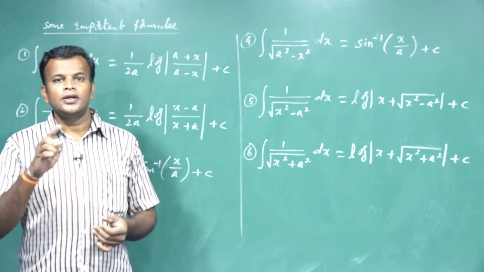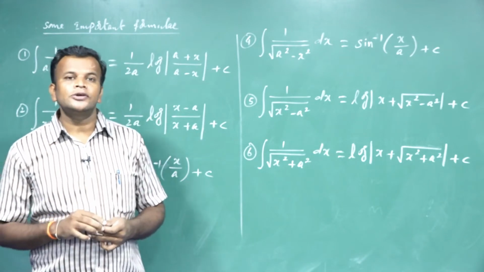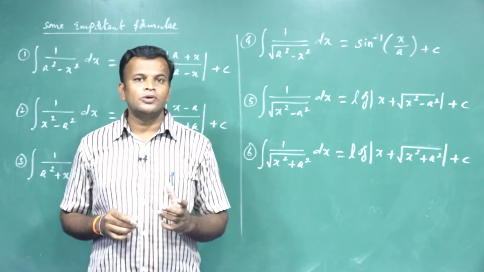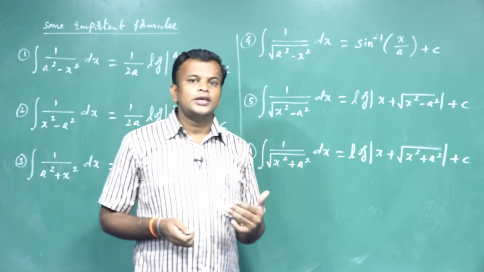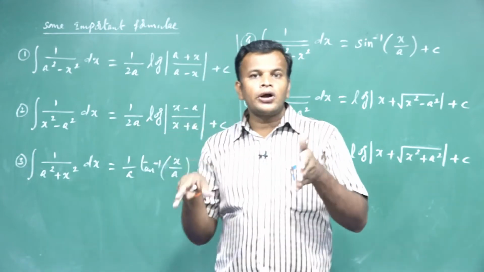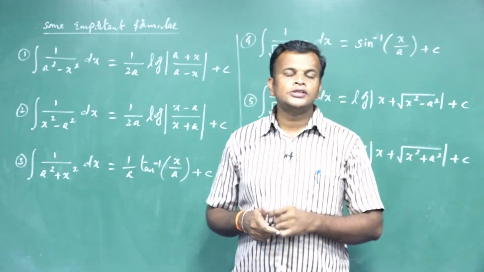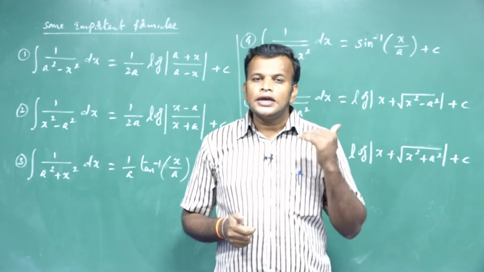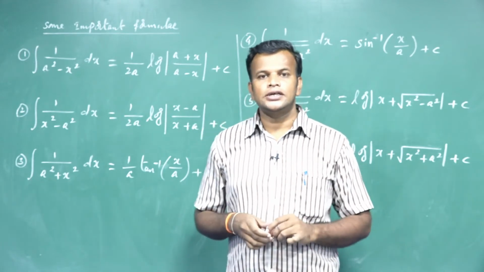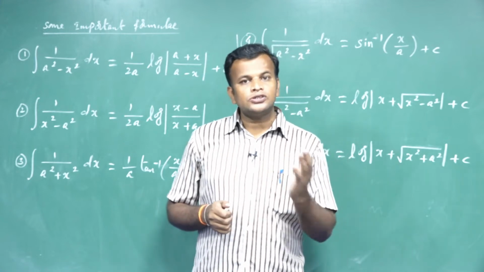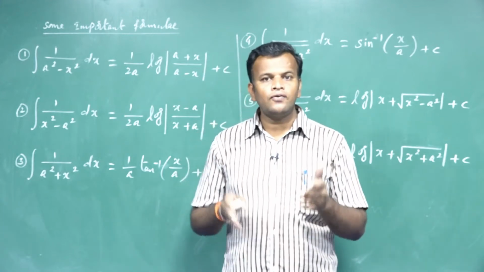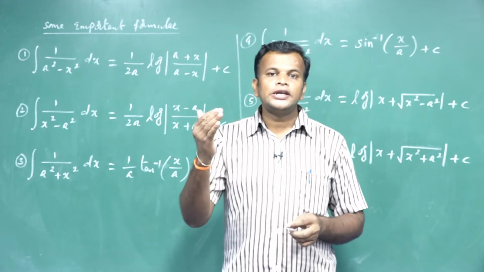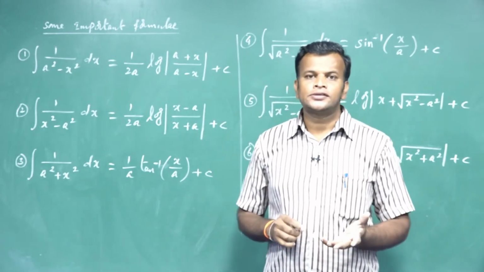What is the first formula? Integrating of 1 divided by a square minus x square into dx, whose formula is 1 by 2a log modulus a plus x divided by a minus x. What is the second formula? Integrating of 1 divided by x square minus a square into dx, whose formula is outside the same 1 by 2a log of within a modulus x minus a divided by x plus a, plus c.